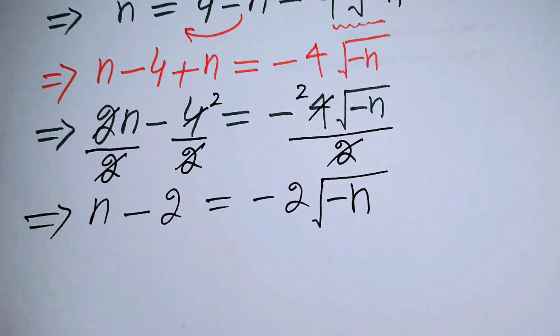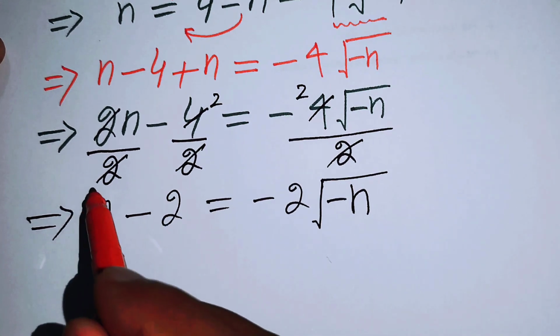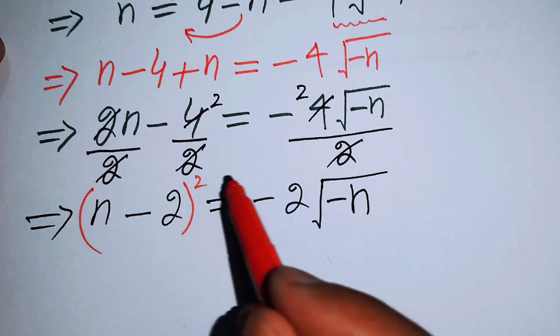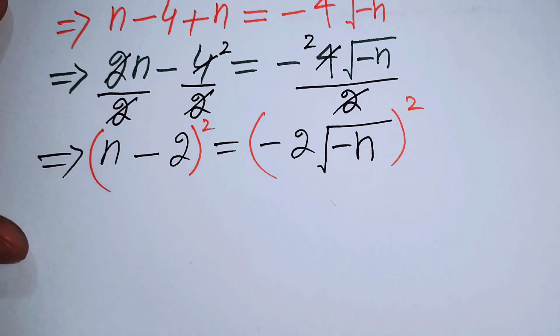So now in the next step we can take the squaring on both of the sides in order to eliminate this square root sign.